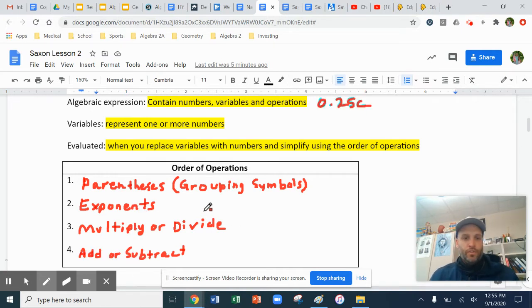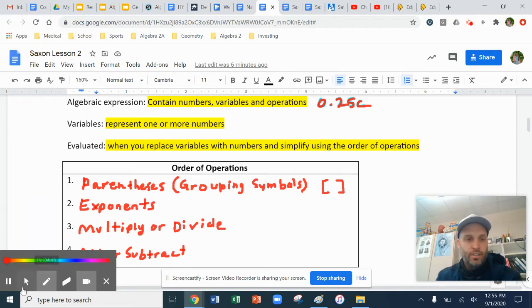So the first thing you'll do in order of operations is anything inside parentheses or grouping symbols, which could also be brackets. Next, we will do any exponent. Thirdly, we'll do multiplication or division. We'll work left to right. Those are not done in that order per se. It's just you do whatever's on the left as you read it left to right through the problem. And same with adding or subtracting.